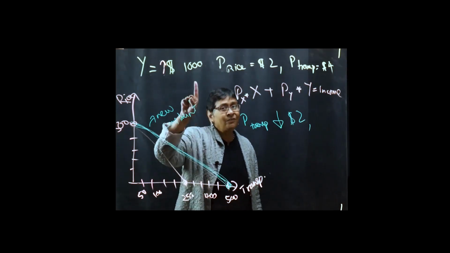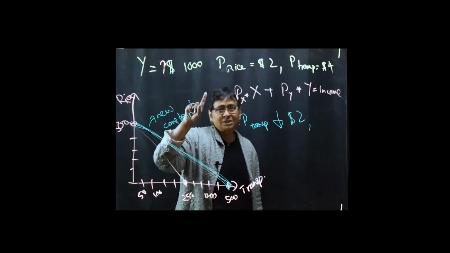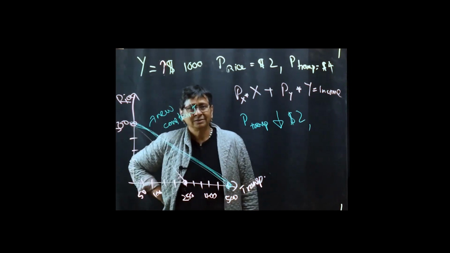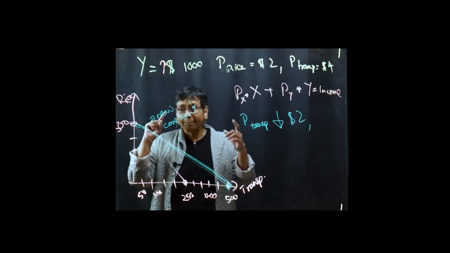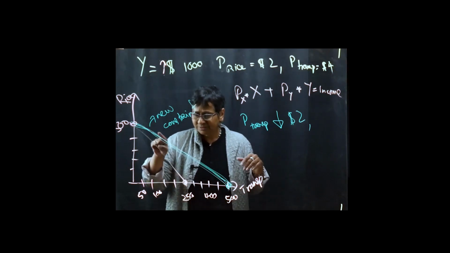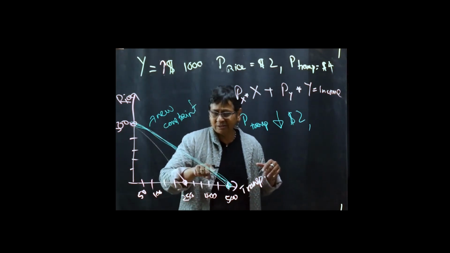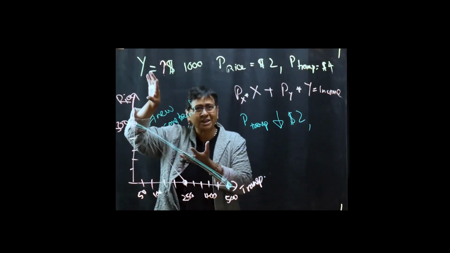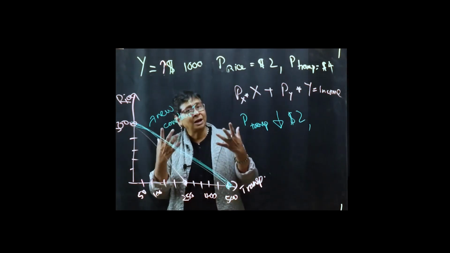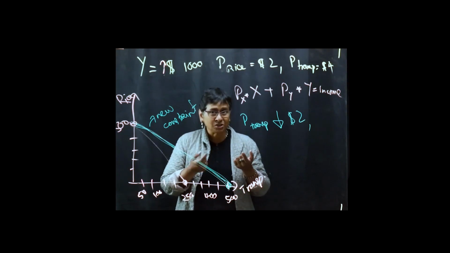Interestingly enough, everything I learned about the PPF is useful. Income increases, this shifts. Price changes, if price decreases, there are changes in the curve and some goods become more accessible and so on.